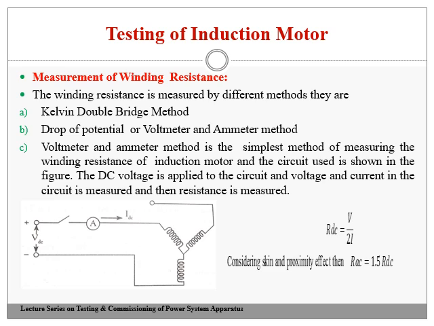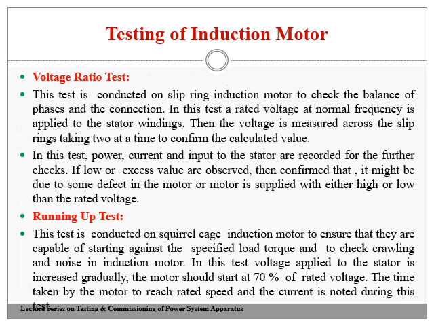Considering the skin effect and the proximity effects, R_AC can be found as 1.5 times R_DC. Likewise, by this you can measure the winding resistance of an induction motor, stator winding or rotor winding.